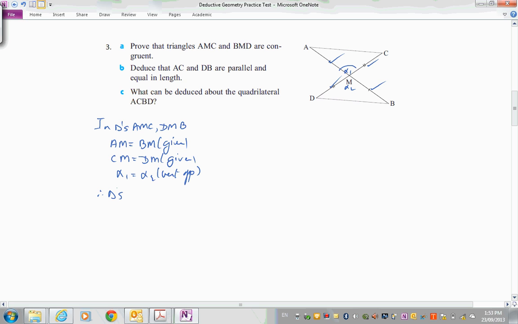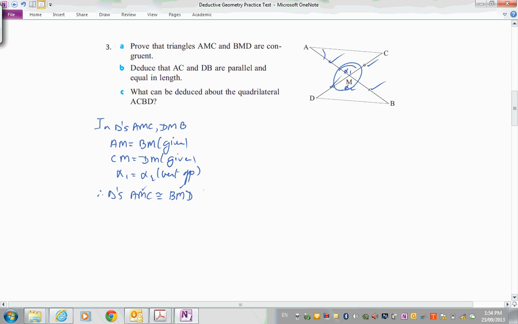Therefore triangles, let's make them up now. AMC congruent with, now A there, AM was equal to BM. So here it's got to be BM, BM, and C was equivalent to D here then. The M was a common angle, so got to put that in the middle.